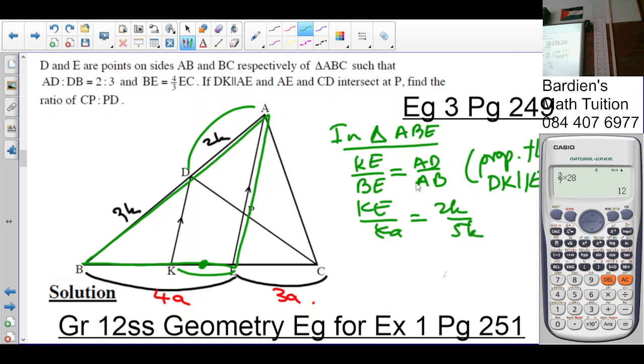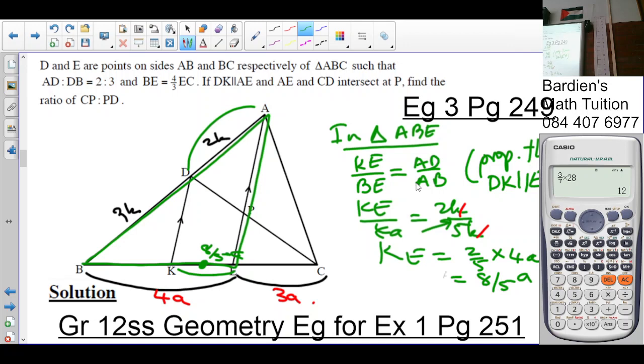The K's of course cancel, cross multiply that. So KE would be 2 over 5 times 4A, which is 8 over 5 A. Okay, so that is going to be 8 over 5 A.